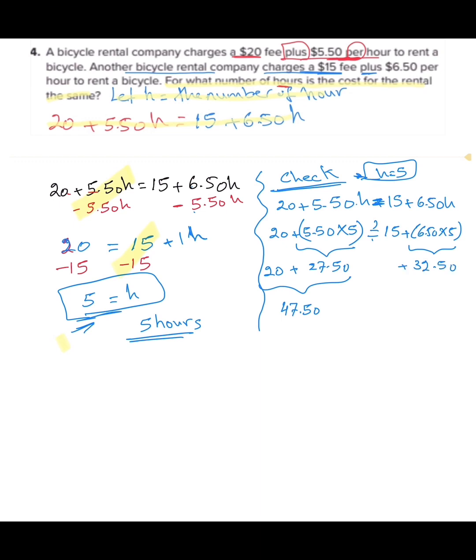Don't forget plus 15. 15 plus 32.50 is 47.50. So both sides are equal, so our answer is correct.